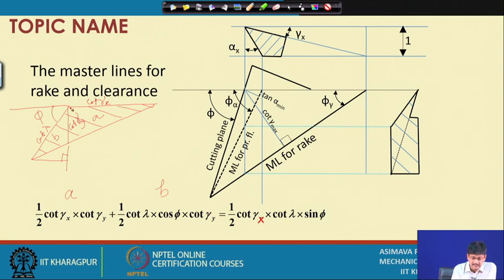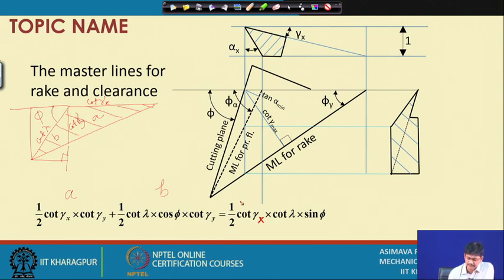So, I have the base as cot gamma x and the altitude as this one. So, this must be cot lambda sin phi, and hence from here if you divide the expression by cot gamma x, cot gamma y, cot lambda, let us see what we will get.